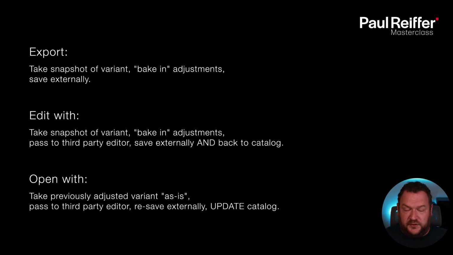And that's it. That's the last that Capture One knew about it. It sends it somewhere else. Edit with takes the variant with all the changes that you've made, it bakes them in, and it sends it across to a third-party editor, which could be, in this case, Silver Efex, but it could be Photoshop, could be Affinity, could be Helicon Focus, could be, I don't know, one of the panoramic things if you didn't want to use the Capture One.